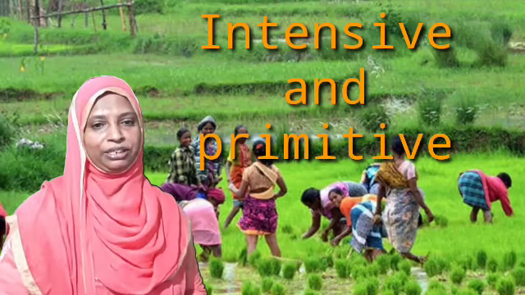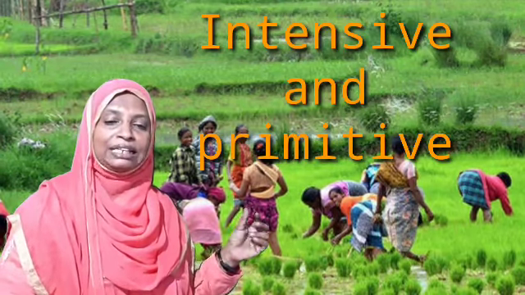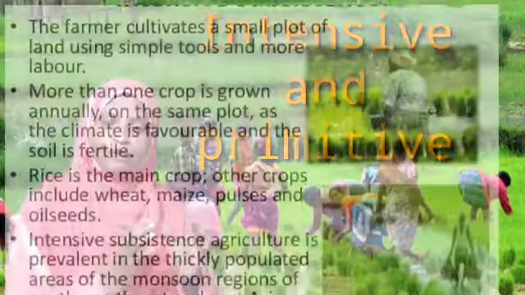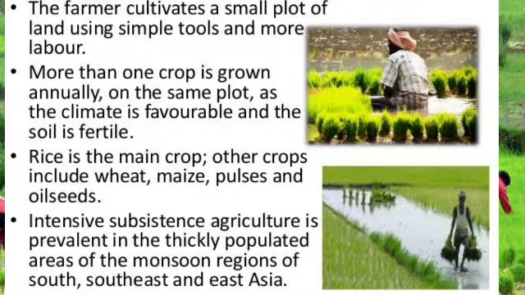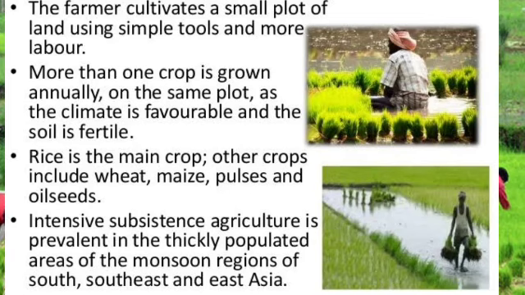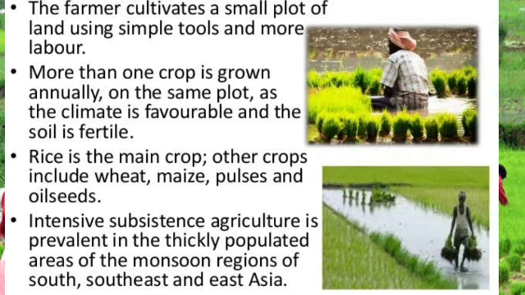Intensive and primitive. Intensive farming may be used by a farmer where less land is available, so they use less land with more laborers. Why less land? Because intensive farming is mainly practiced in thickly populated areas where more products are needed but less land is available.